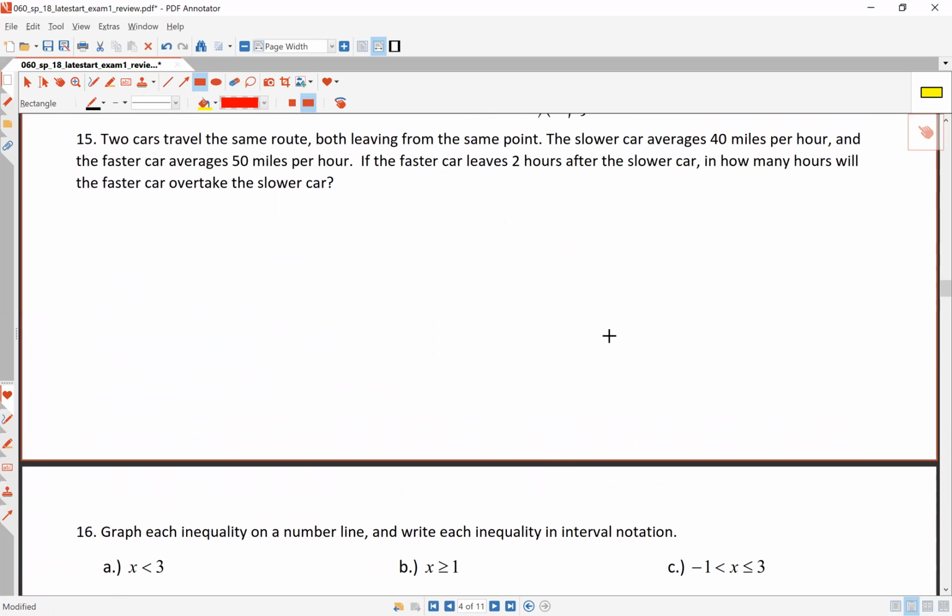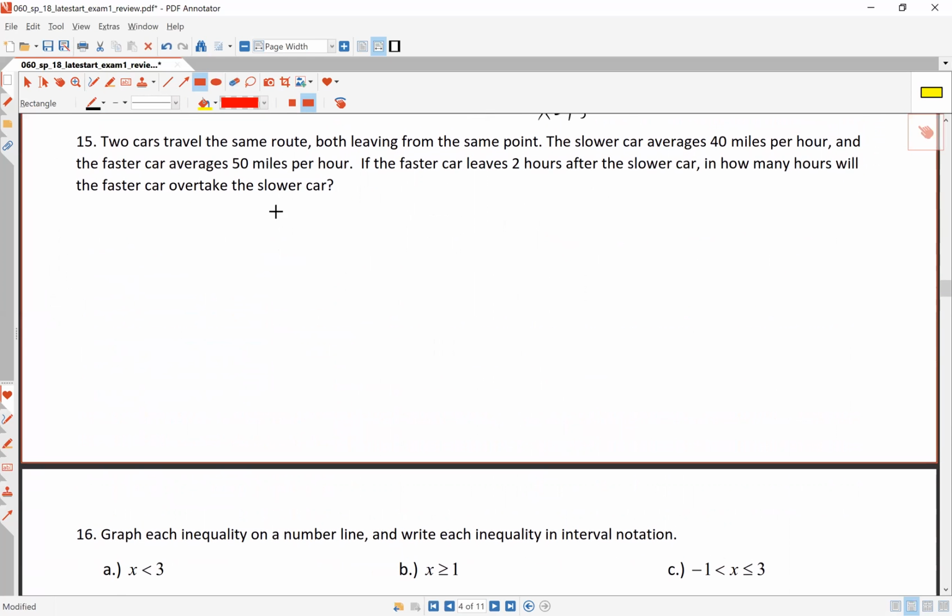Now number 15 is another distance equals rate times time problem. And this time you have two cars traveling the same route. Slower car and faster car.